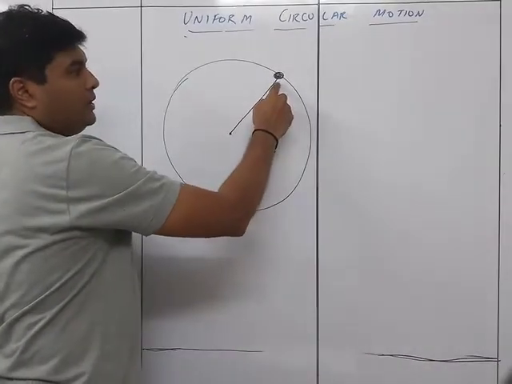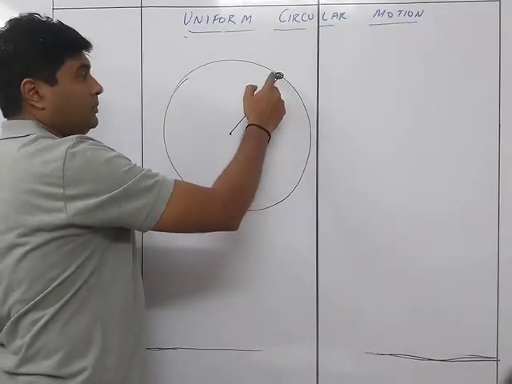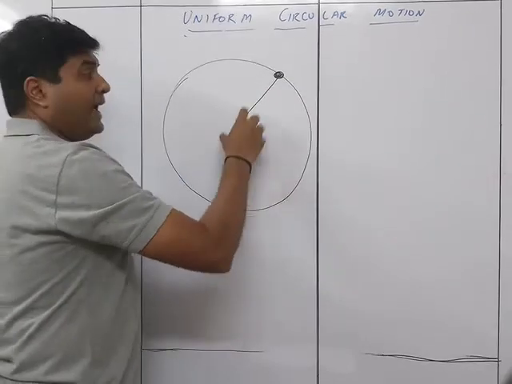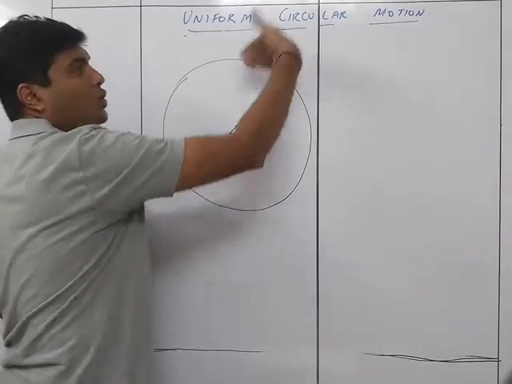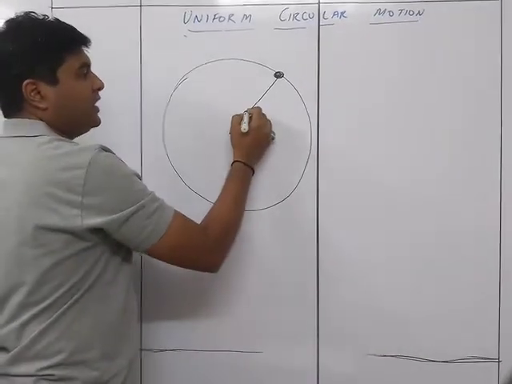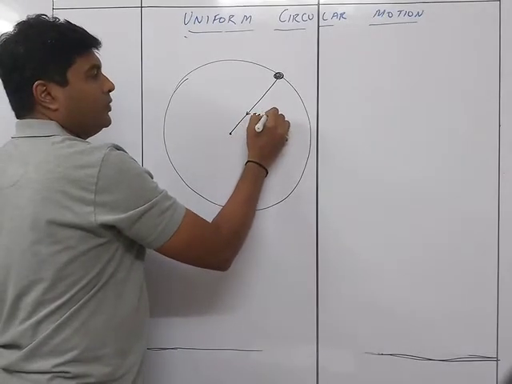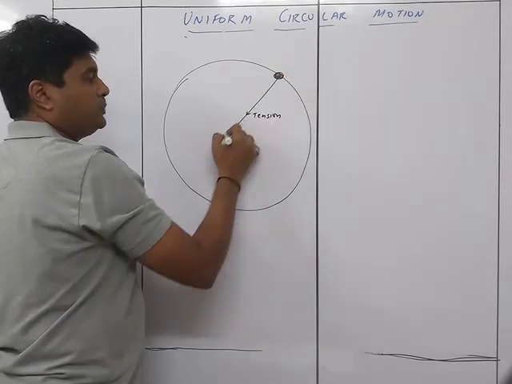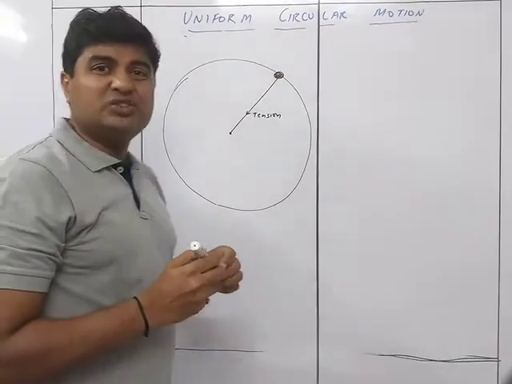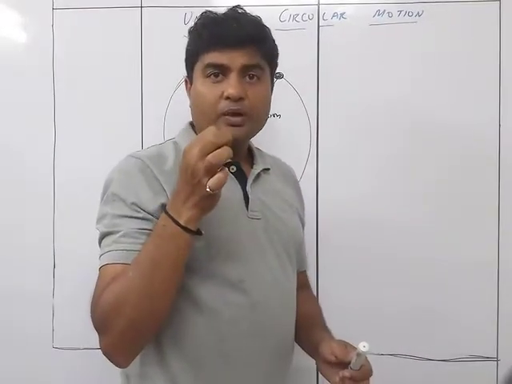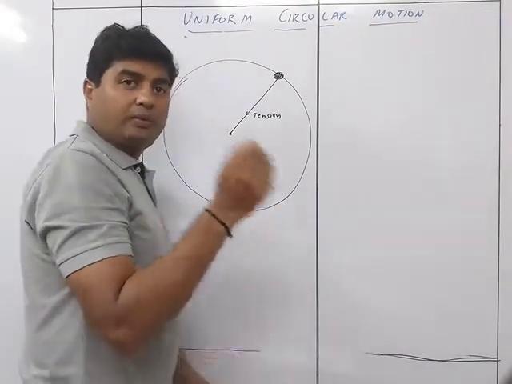The ball over here is moving in this direction, and because it cannot go outside, a tension is generated on this particular string. So the string is under tension, and who is performing this?